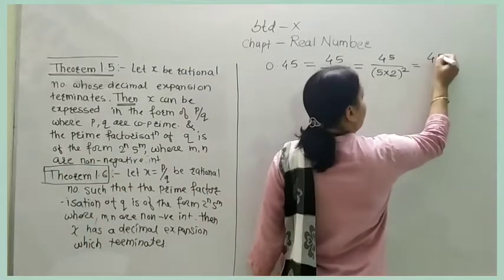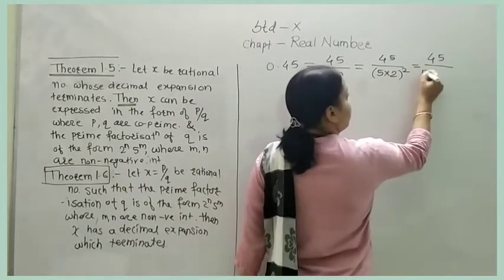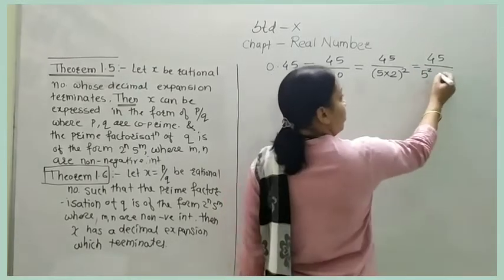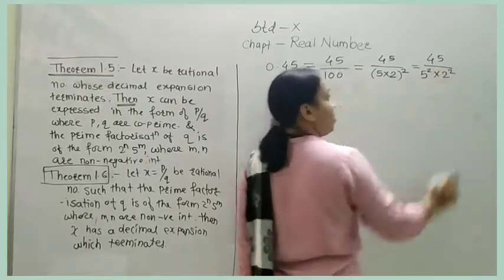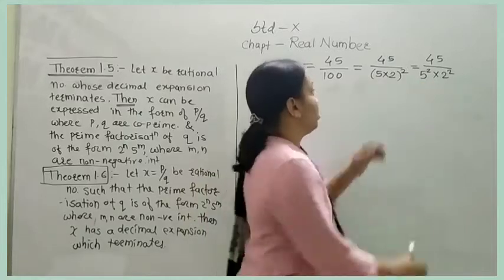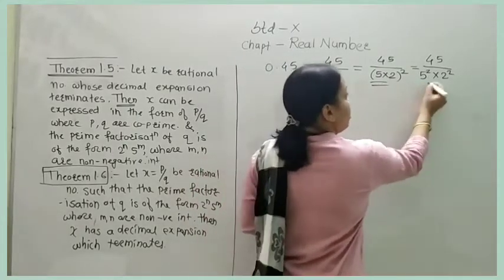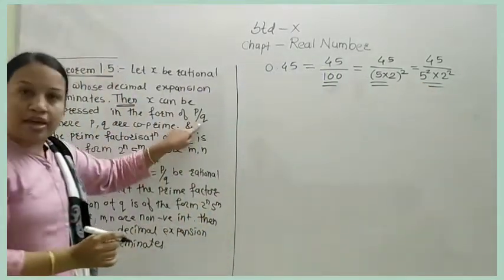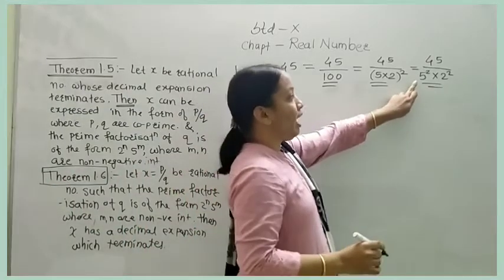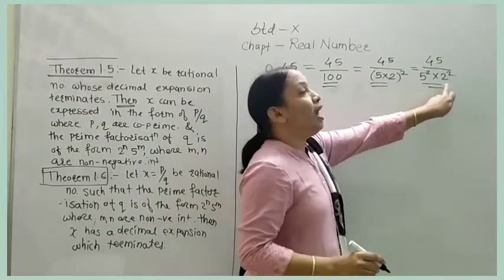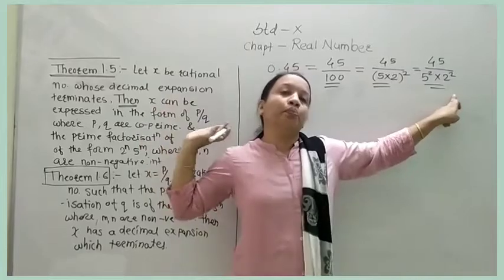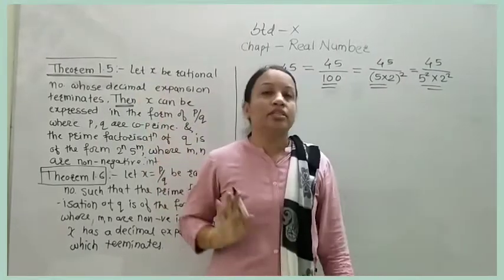Now it is 45 over 5 square into 2 square. Now what you observe is this is the q in the form of p by q, which is expressed as a power of 5 and a power of 2. That is the meaning of this theorem.